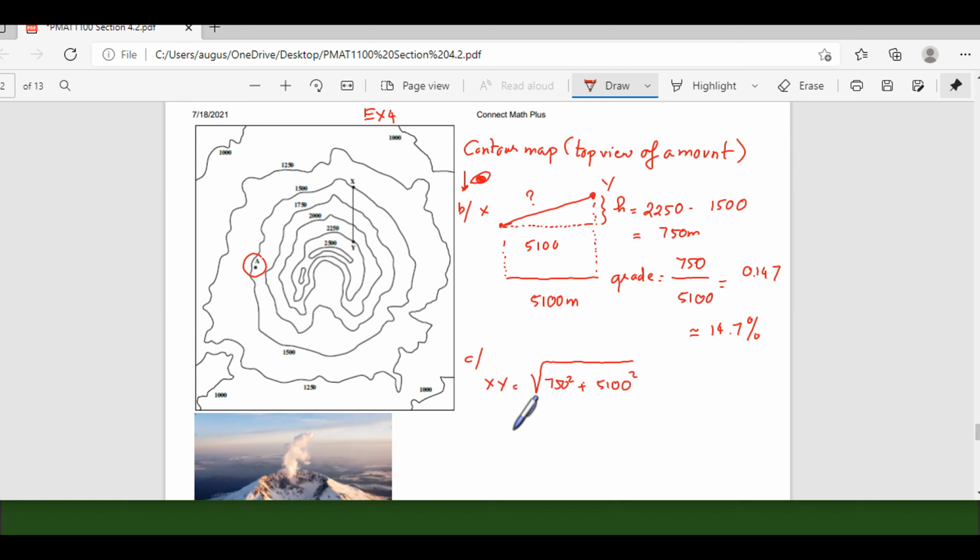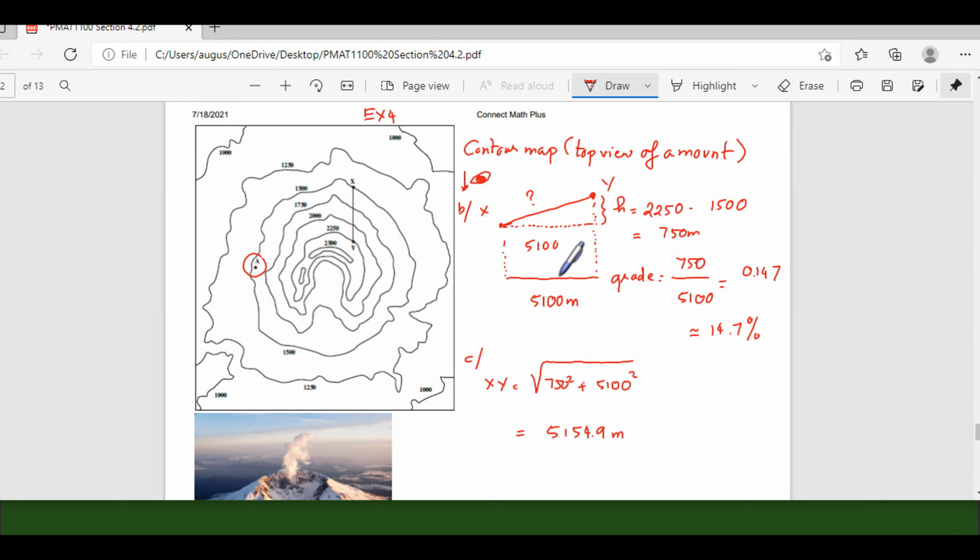It gives you a very big number, and when you take the square root, it gives you 5154.9 meters. There you go. So that will be the distance between point X and point Y.